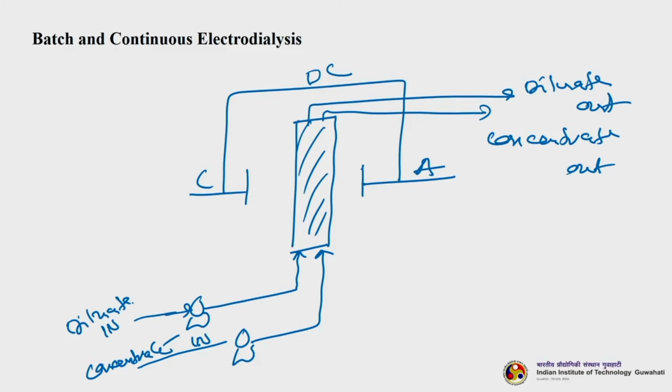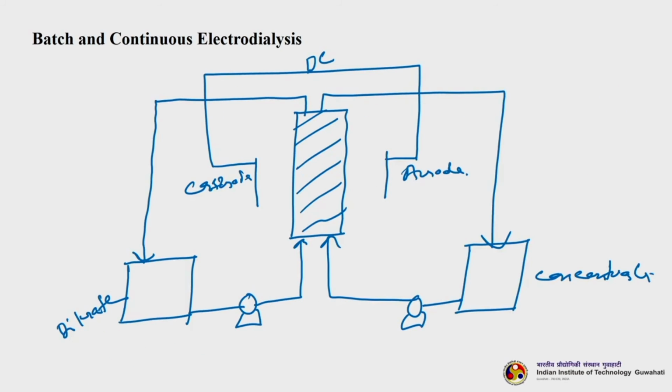Now, if you want to run the electrodialysis module in a continuous mode, the module has to treat the solution in one go. Why the batch? In the batch process, when you are passing the dilute and concentrate in a single stage, you are not getting your targeted separation or targeted purity.